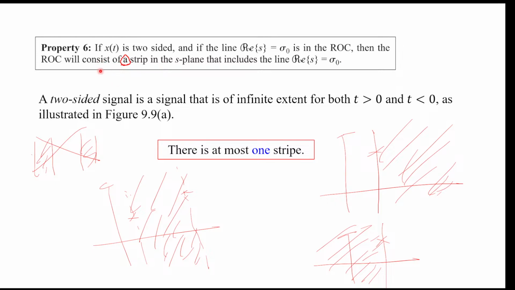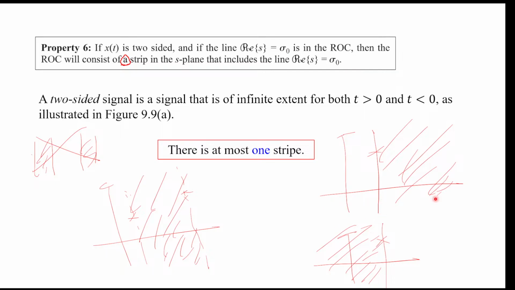The important part here is this part A: the ROC will be at most one strip. So the ROC may not exist, but if there is an ROC, there will be one continuous strip. In particular, the ROC cannot be two strips like this. Most of the time the ROC will look like this strip here, but sometimes it can extend to infinity. Let's ignore that for now.